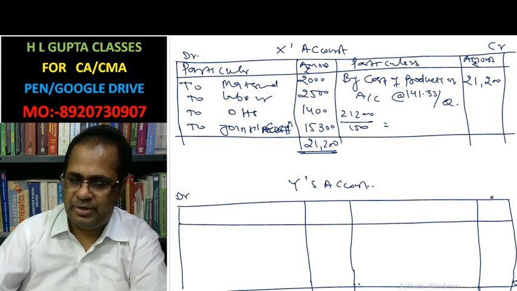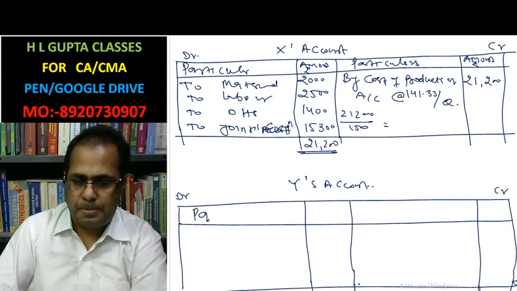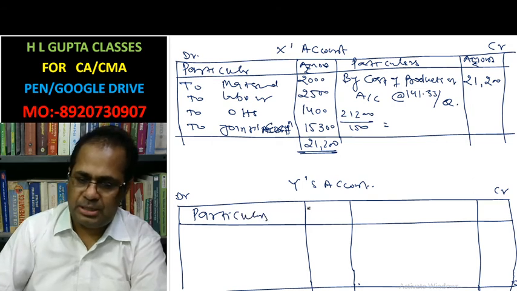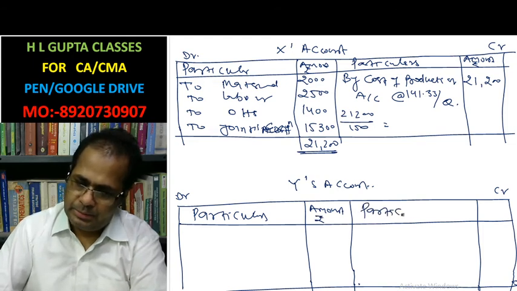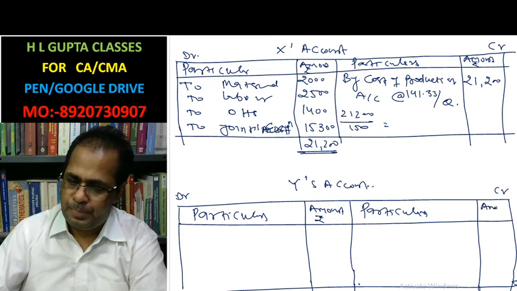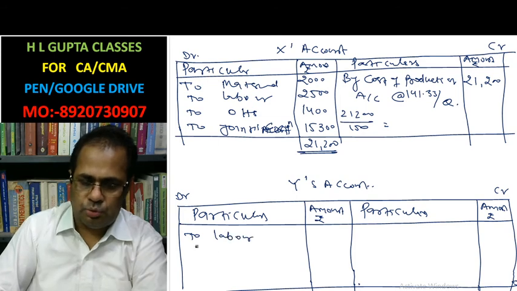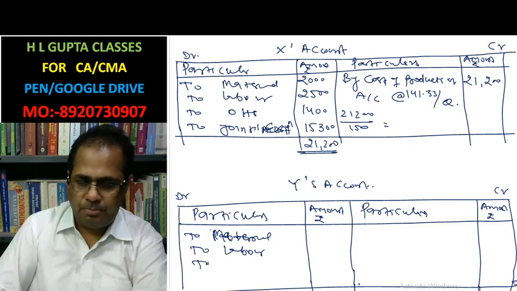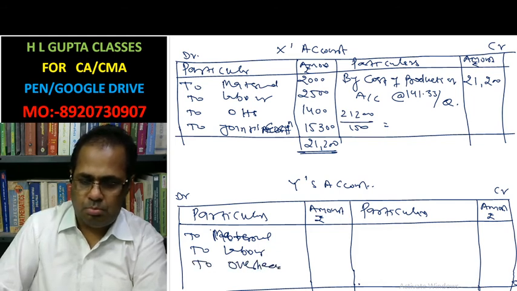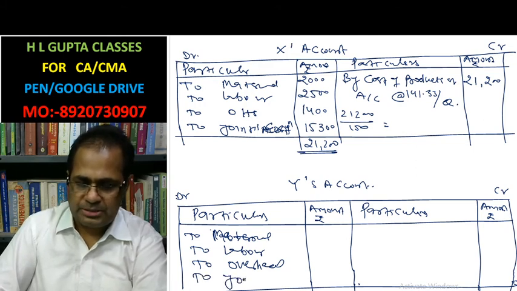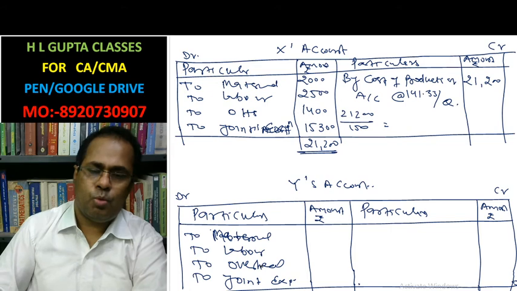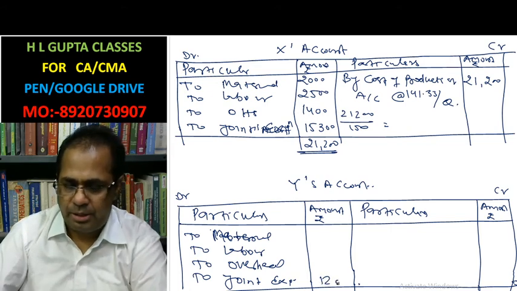Similarly, we can make the Y account. Debit, credit, particulars, amount in rupees. To material, to labor, to overheads, to joint expenses. Joint expenses already calculated is 1,200.